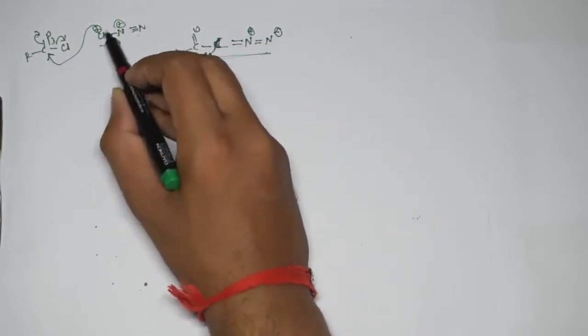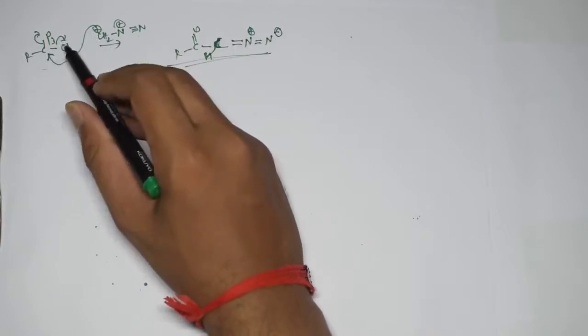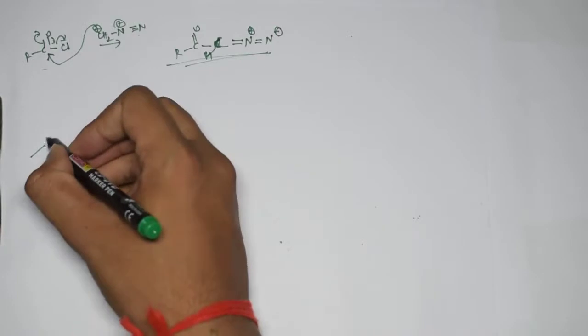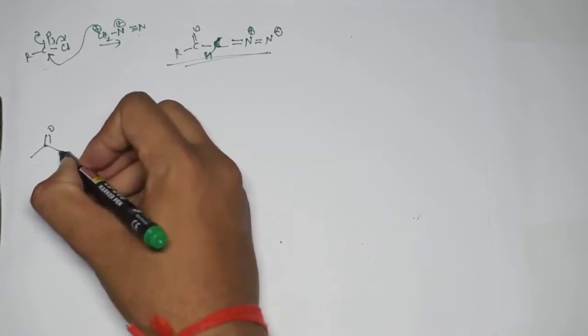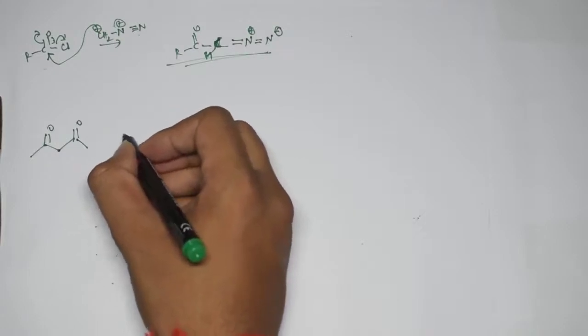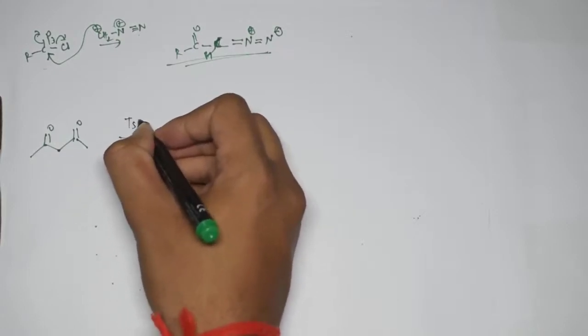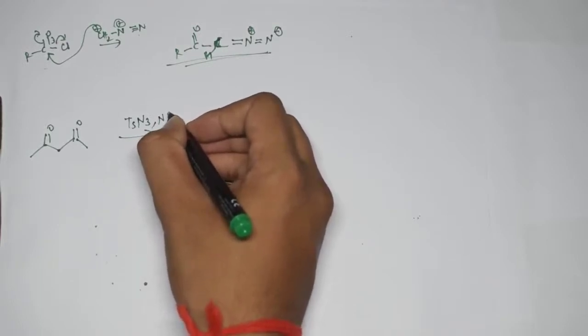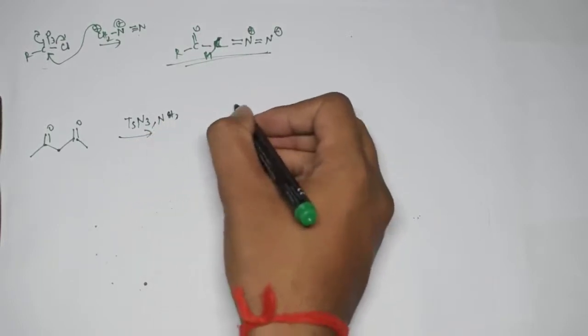If I talk about this reaction mechanism, suppose I take one dicarbonyl compound like this, and I treat it with TsN3 and NEt3, so what will happen?